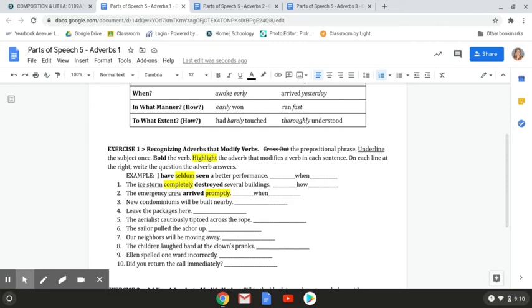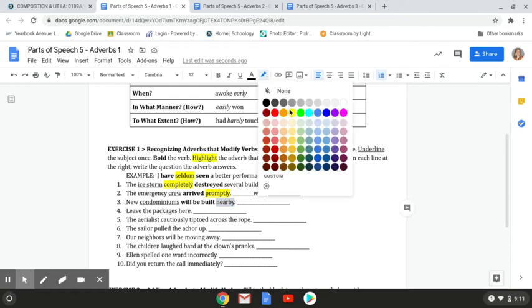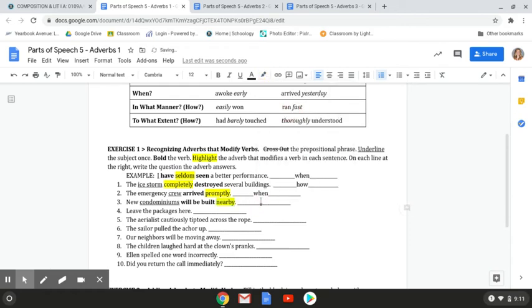My subject of my sentence, condominiums, underline it. Will be built is my verbal phrase. Okay, will be built where, when, how. Will be built where is the question that answers. So we are going to highlight nearby and say that answers where.